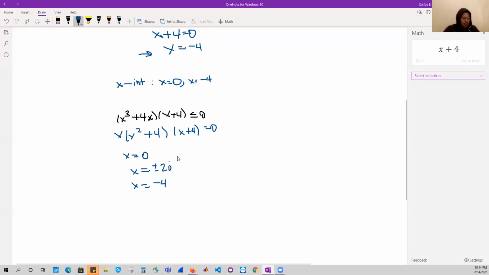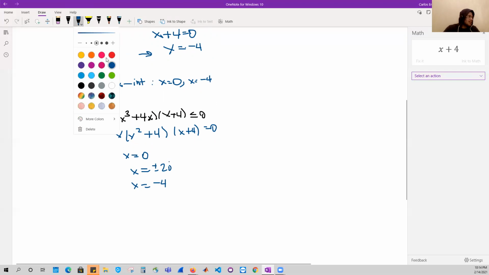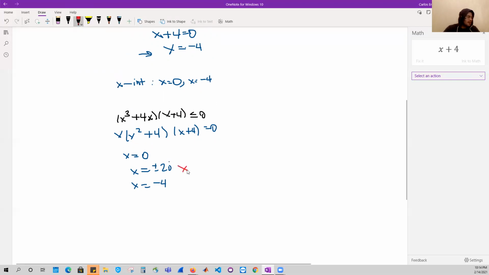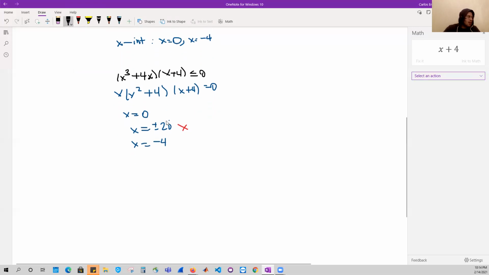Now, what we need to do is check the critical points. So what are critical points? Critical points are the intercepts that are on the real plane. So we have to forget about these values right here, drop them, and just focus on 0 and minus 4.